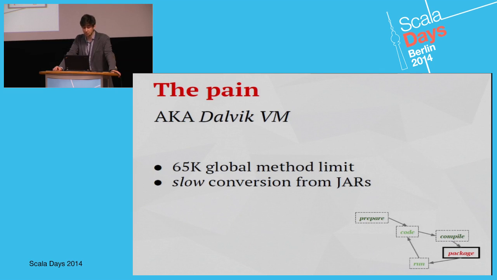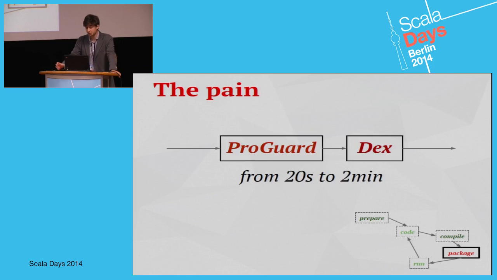Also there is a conversion step involved, so you have to convert from jars into the Dalvik format, and this really takes time. You have these two steps, which are ProGuarding, removing excessive things, and dexing, which is converting to the Dalvik format. For really small apps it could be like 20 seconds, so it's pretty much the same as normal Android.